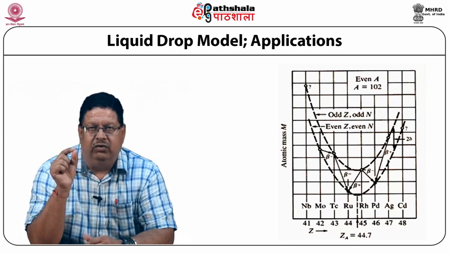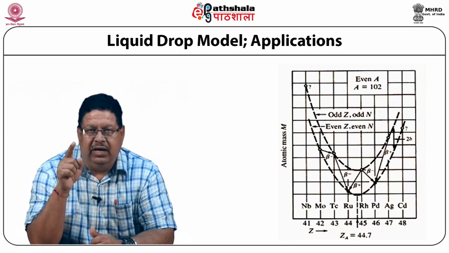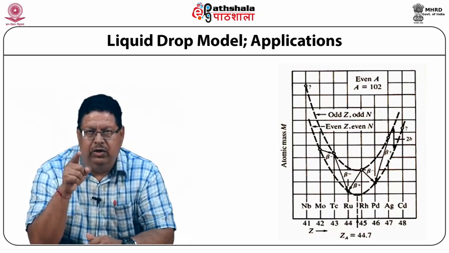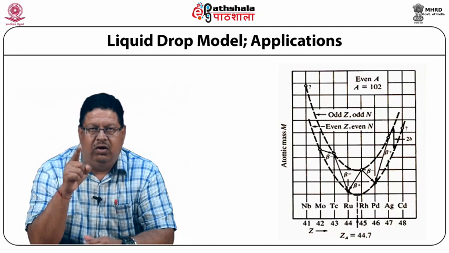Because of that, you can see that even at the bottom of the upper parabola, the nucleus is decaying via two different modes to the nuclei at the bottom of the lower parabola. So it shows that there is no stable nucleus in the upper parabola, for odd Z, odd N nuclei.